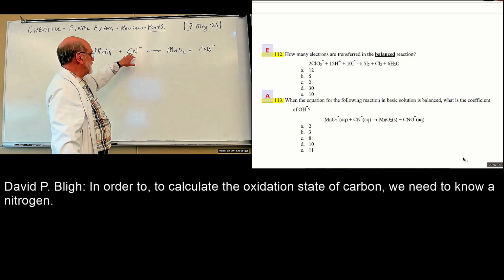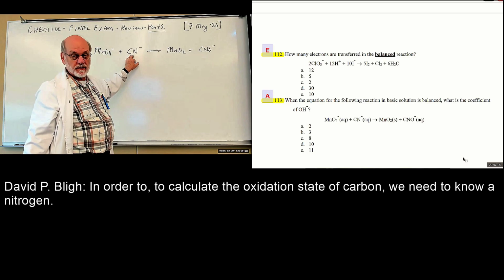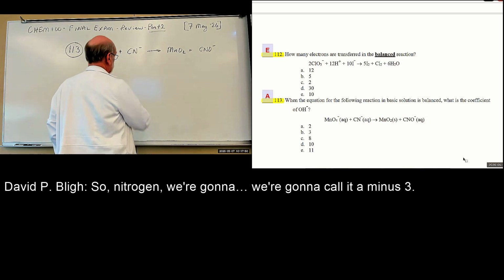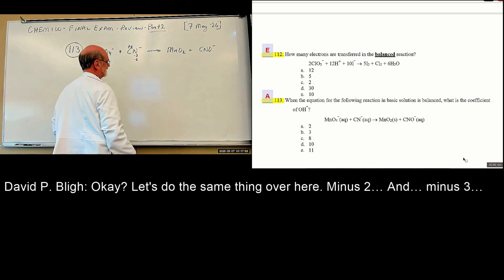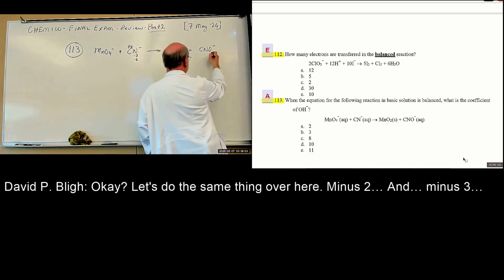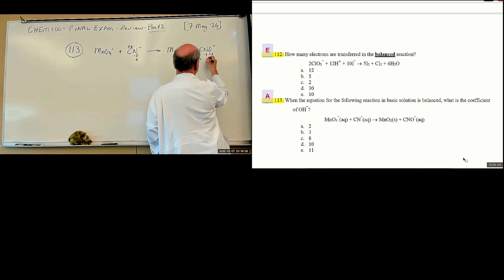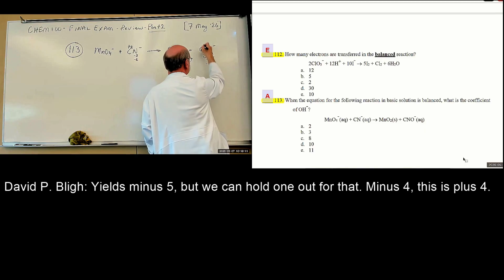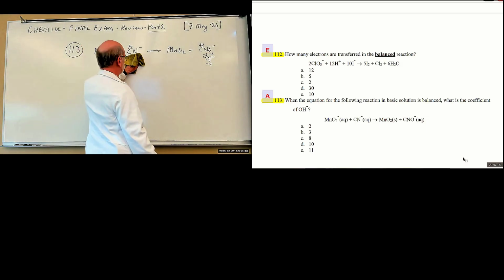In order to calculate the oxidation state of carbon, we need to know nitrogen. So nitrogen, we're going to call it a -3. That means -2 is only needed here. So +2 here. Okay, let's do the same thing over here. -2 and -3 yields -5, but we can hold one out for that. -4, this is +4.